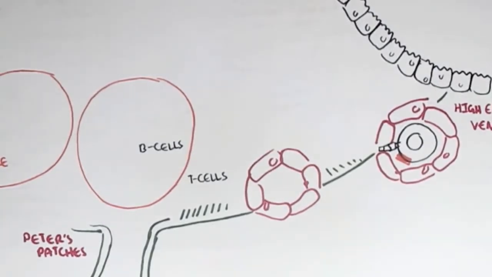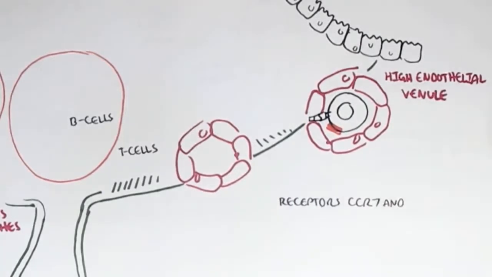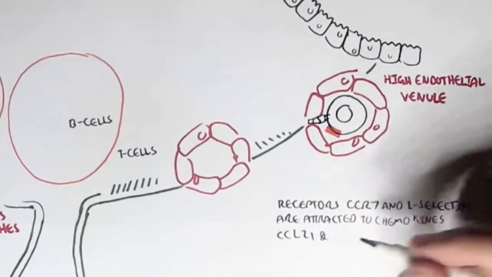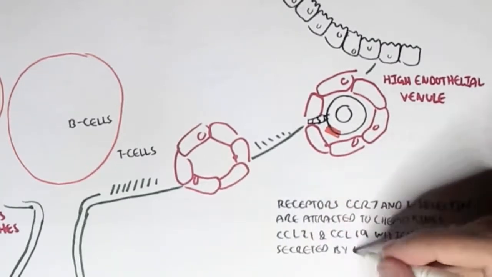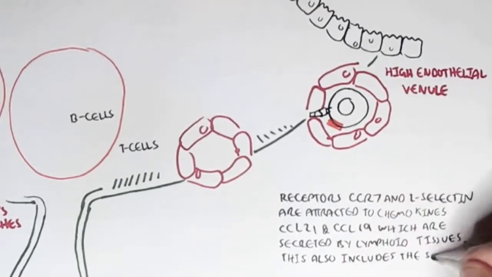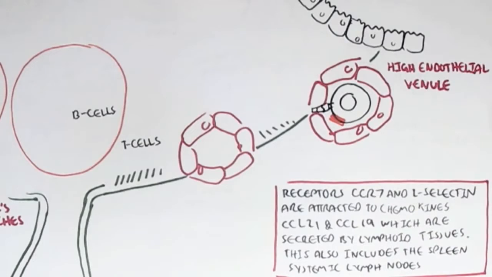Now, the receptors CCR7 and L-selectin of the lymphocytes are attracted to chemokines CCL21 and CCL19, which are secreted by lymphoid tissues, including the Peyer's patches. But also the chemokines can be secreted by other lymphoid tissues such as the spleen and the lymph nodes. So these lymphocytes can literally go anywhere where these chemokines are being secreted from.